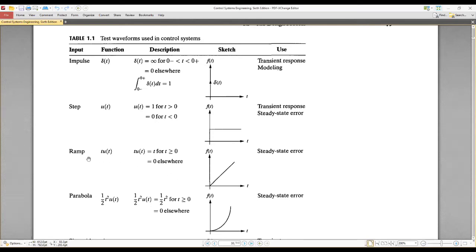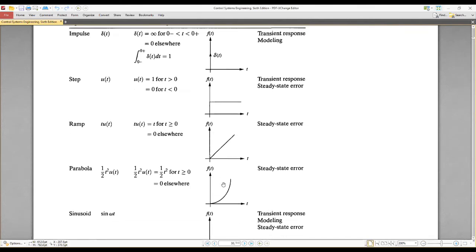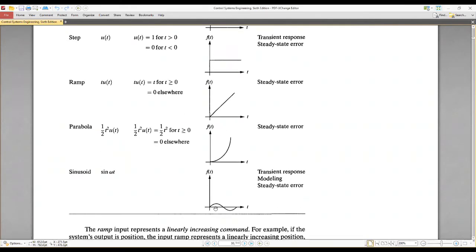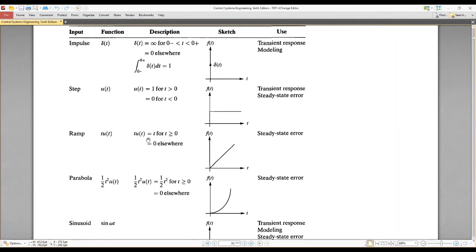And here is the ramp function. That is the ramp. Remember this. That is the ramp, that is the step, that is the impulse, and that is the parabola. And you know the sinusoid. The ramp is t u(t).